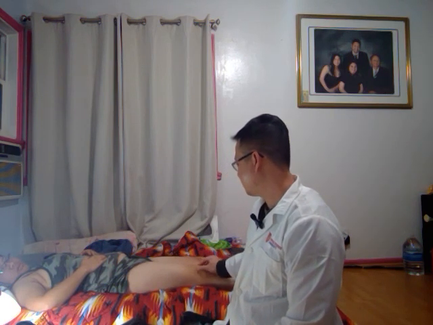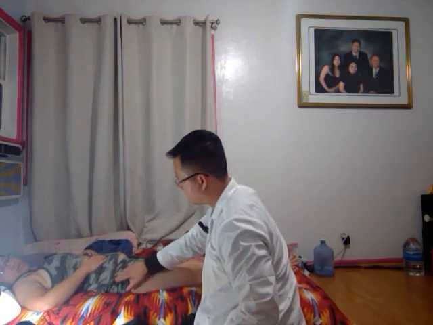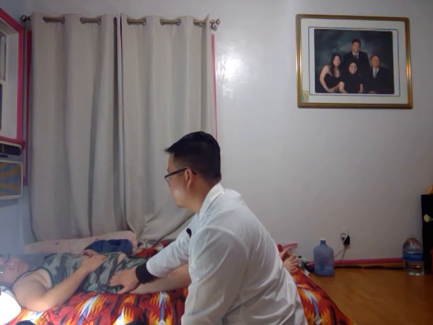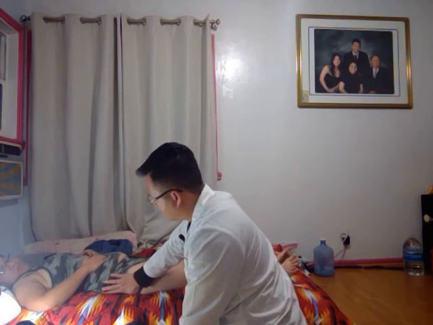Okay. So after that, we're going to go to the knee to assess the knee. Also, we palpate around the area of the hip, everything. I'm sorry, I forgot. So we had to palpate the hip. We palpate the bone, like the anterior superior iliac crest.